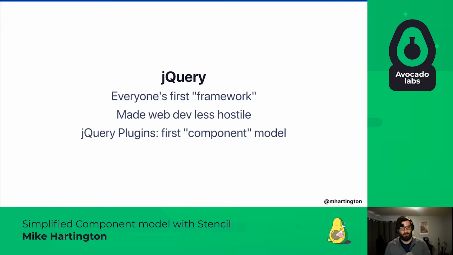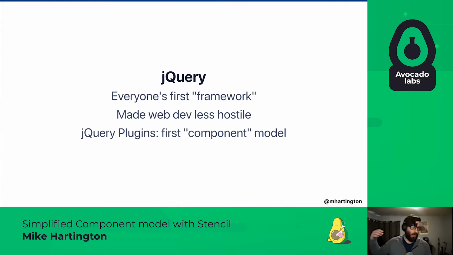For example, jQuery. This would probably be everyone's, I would say, quote unquote, first framework. Even if you didn't look at it like a framework, people used it like a framework. And a huge reason for it being so successful is because it made the web a less hostile place. You could do DOM selection.